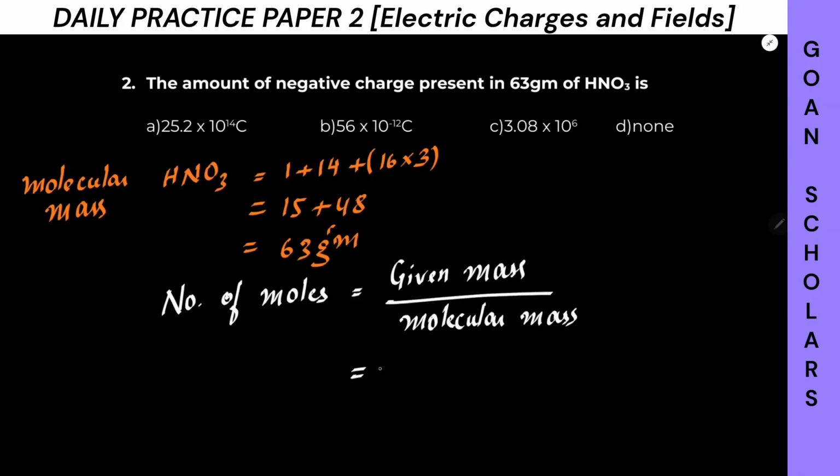What is given mass here? Given mass here is 63 gram as per the question, and the molecular mass we got as 63. So number of moles here is 1. We have 1 mole here.